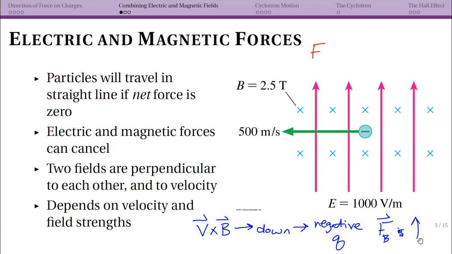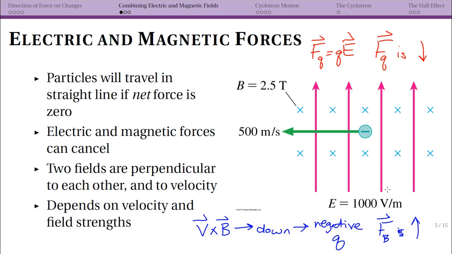The electric force is just going to be given by Q times E. And we see that our electric field is up. But since Q is negative, our electric force, you could call this F sub E or F sub Q, is going to be down. It goes away from the field direction. So you can see that the two directions are opposite. So as long as everything else works out, you're going to actually have the same magnitude. So that's something to note.